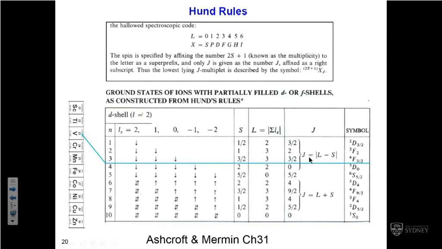And then you label it such that that was the X that you get from here after calculating the total L. And then the lower subscript is equal to J that you will calculate. And then up in the left-hand corner of the X, the superscript there, you have 2S plus 1.